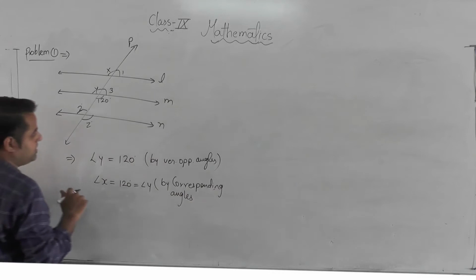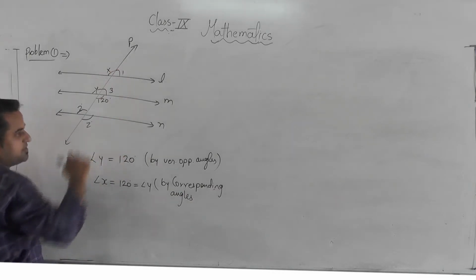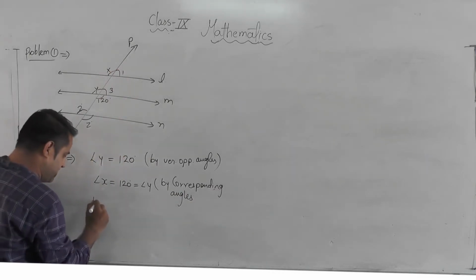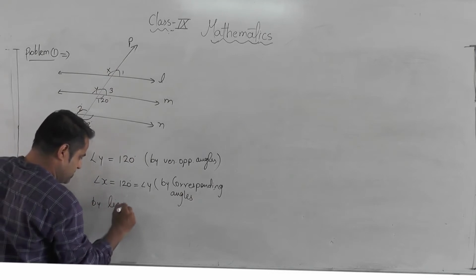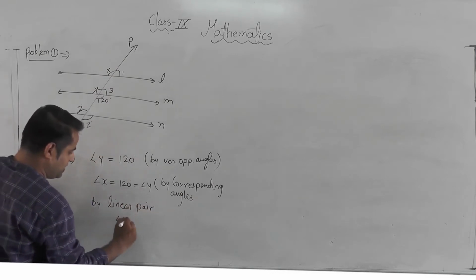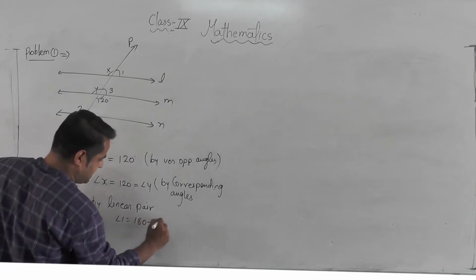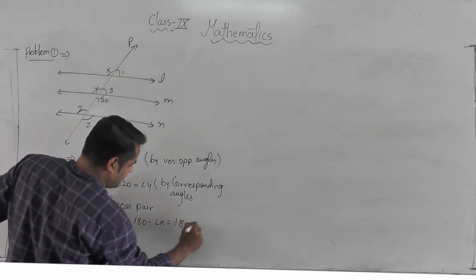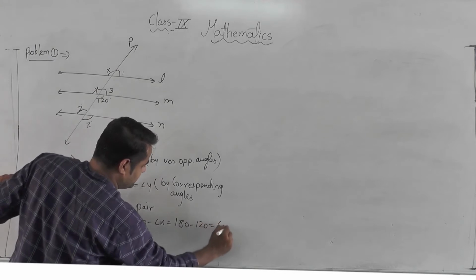Now from x we can find angle 1 by linear pair, because they are on one single line. So by linear pair, angle 1 is equal to 180 minus angle x. Angle x is 120, so angle 1 will be 60 degrees.